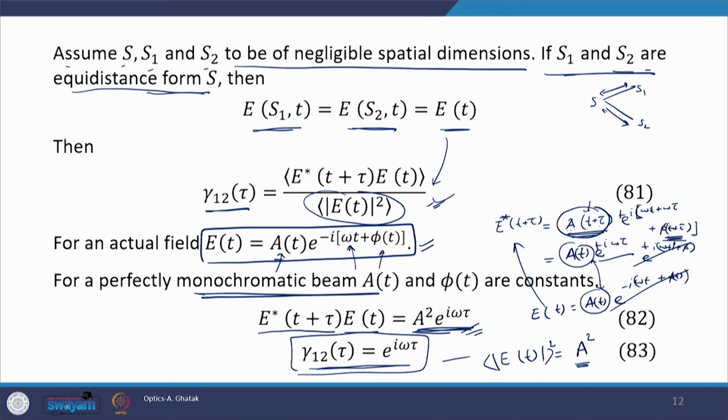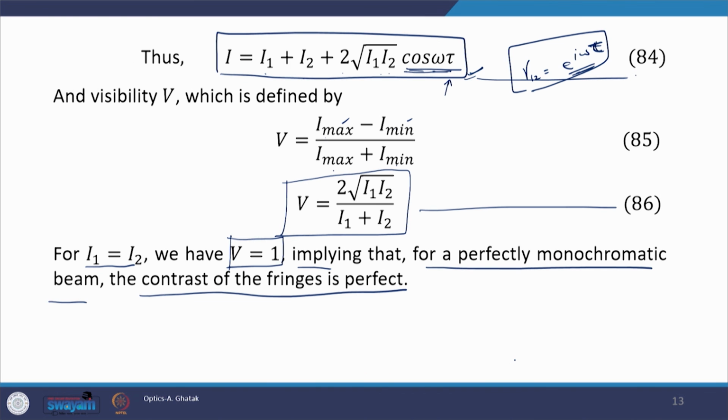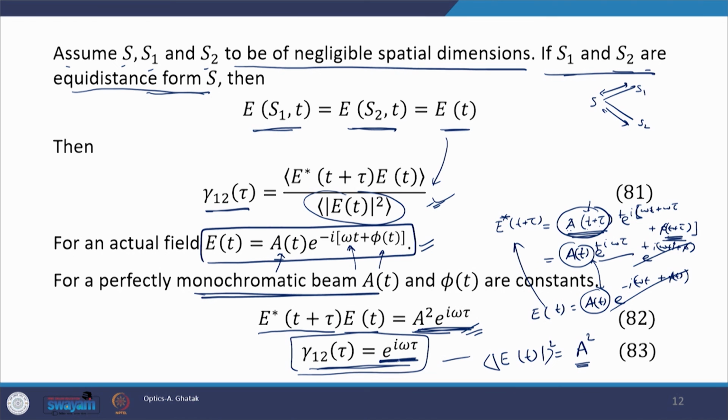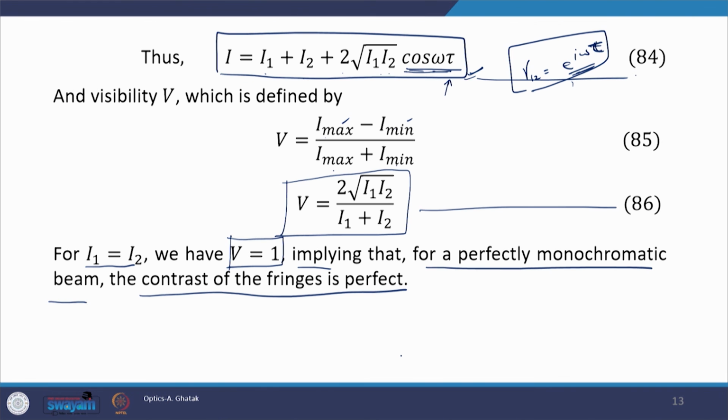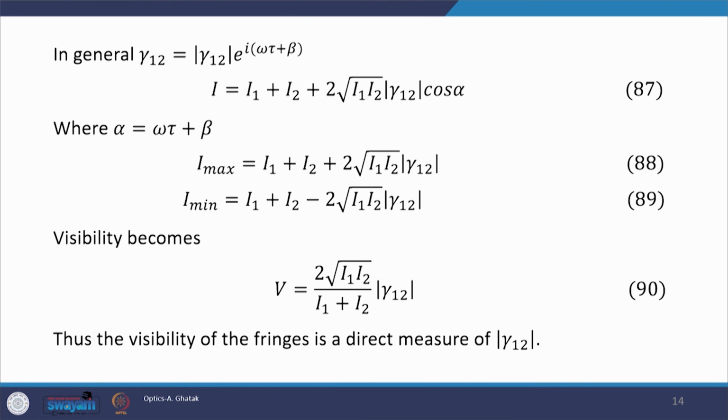But the general expression for gamma would not be of this form, e to the power i omega tau. This is for only a monochromatic wave, but for the general case, gamma 1 2 can be written as mod of gamma 1 2 and e to the power i omega tau plus some beta, some phase.